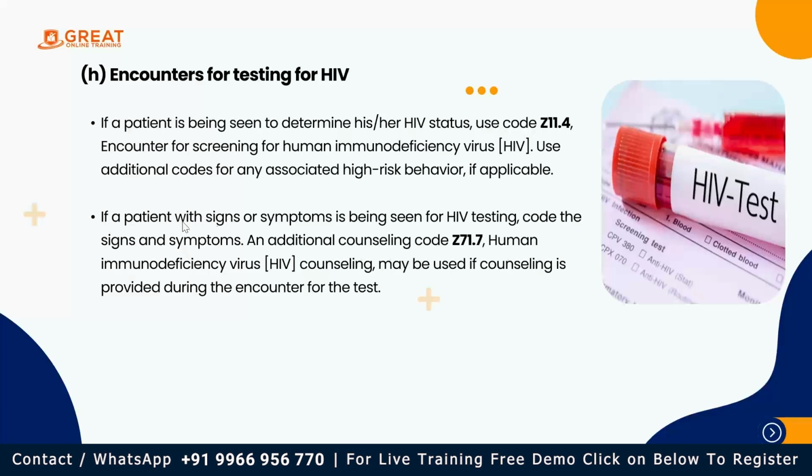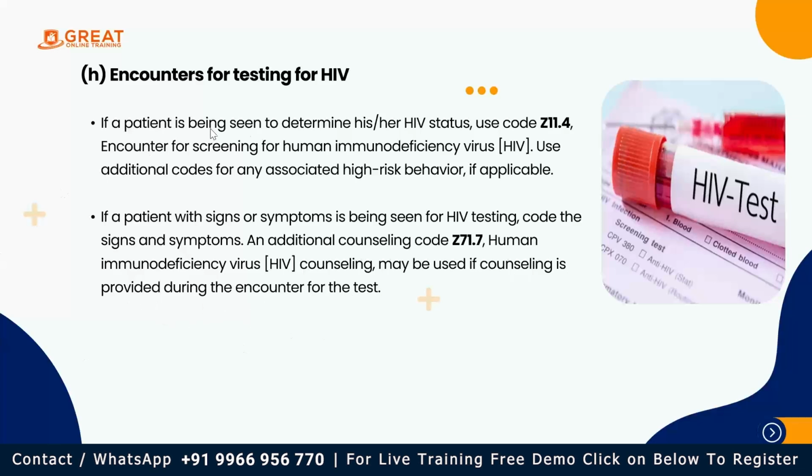If a patient with signs and symptoms is being seen for HIV testing, code the signs and symptoms. An additional counseling code, Z71.7, HIV counseling, may be used if counseling is provided during the encounter for the test.